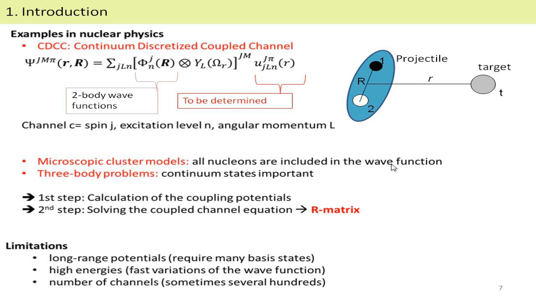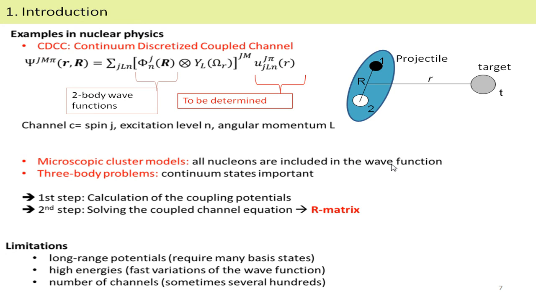And the limitations here are, well, you know that the nuclear potential should be negligible in the external region. So in some cases, you may have a long range of the potential, and this means that you will need many basis states. I will show you examples. At high energies, you also may have problems because you need many partial waves, and you know that high energy means that the wave function oscillates very fast.